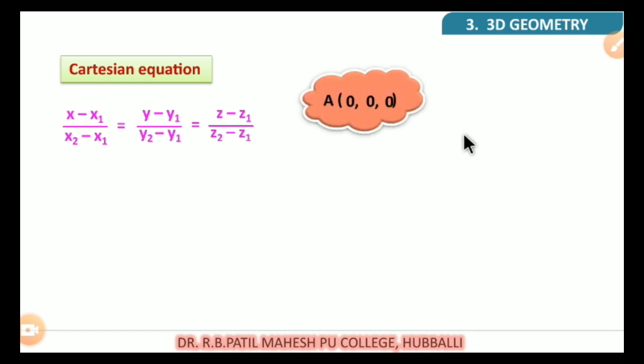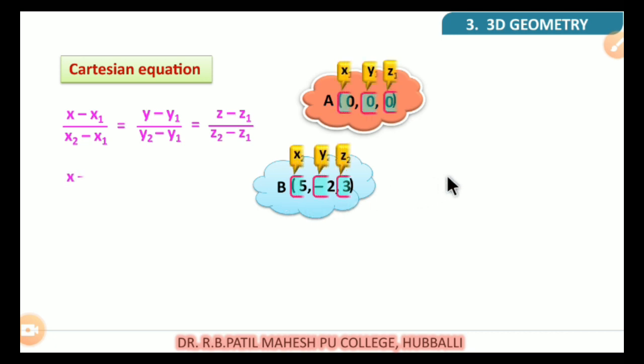Now the Cartesian equation, that is x minus x1 divided by x2 minus x1, equal to y minus y1 divided by y2 minus y1, equal to z minus z1 divided by z2 minus z1. Point A is 0, 0, 0, and point B has the coordinates 5, minus 2, 3.